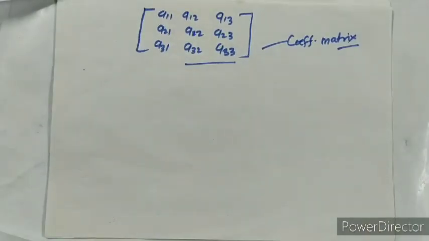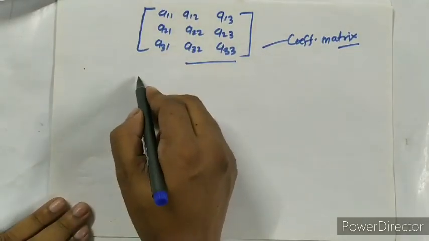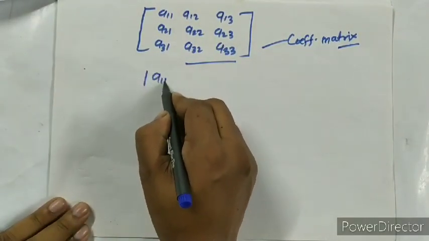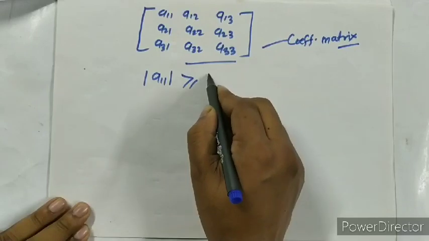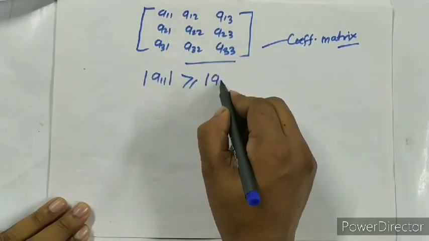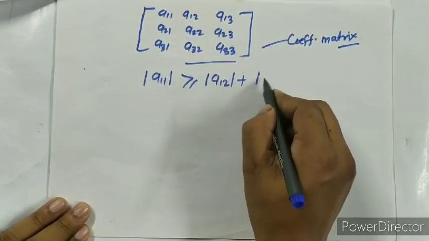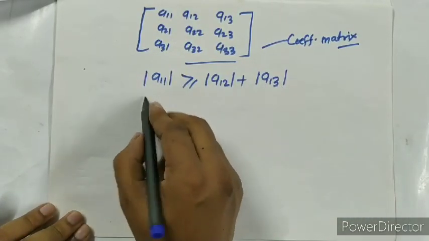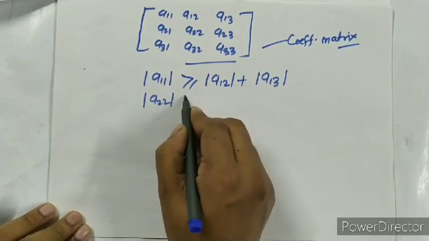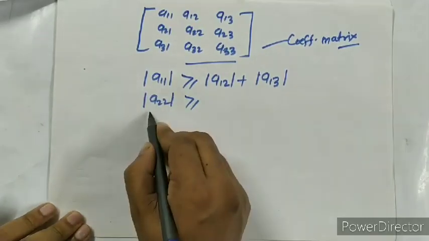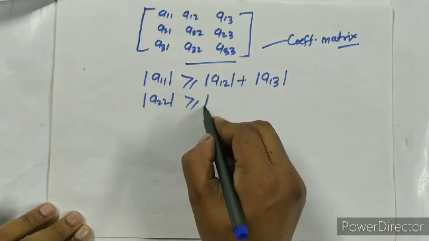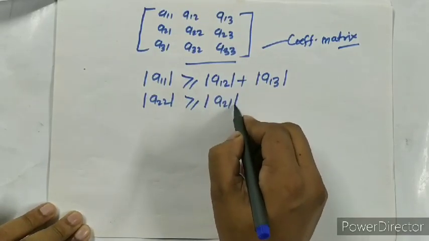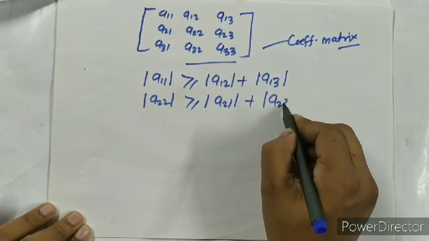So how do we check whether the given matrix is diagonally dominant or not? The method is, we check that the magnitude of A11 is greater than or equal to the sum of the magnitudes of A12 and A13. Again, the magnitude of A22 is greater than or equal to the magnitude of A21 plus A23.